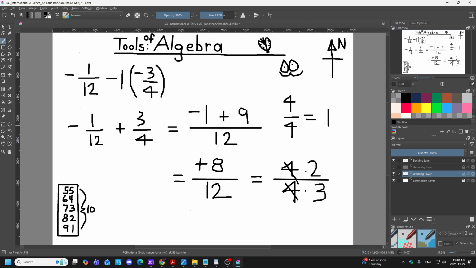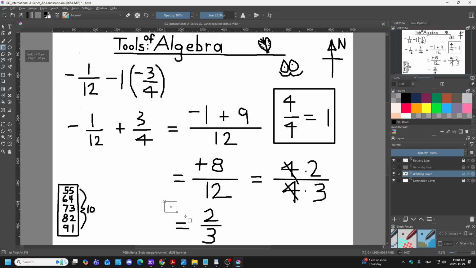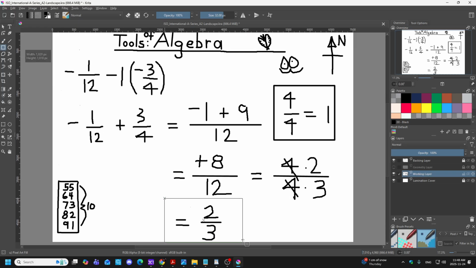Any number multiplied by 1 is just going to return to you the same answer, right? Okay, final answer. Positive 2/3. Right, good enough. Didn't give myself enough room there. All right, that's okay.